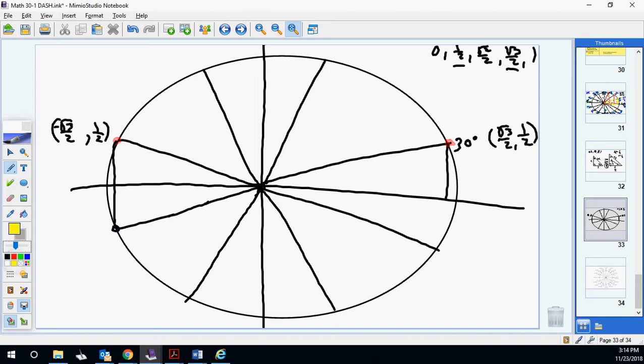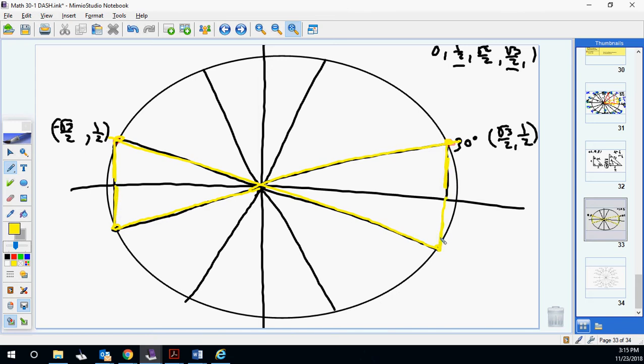Let me outline this for you. This line and this line, all those yellow endpoints are going to be root 3 over 2, 1/2. The thing that changes is the sign. It makes sense because on all these lines, the y value is the small piece.